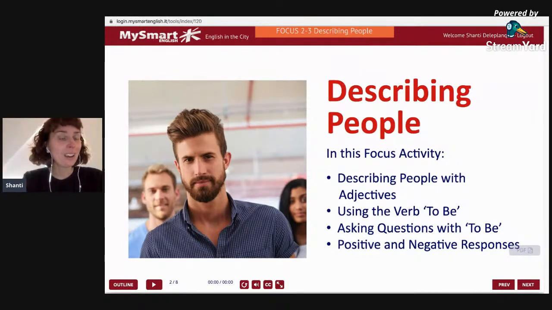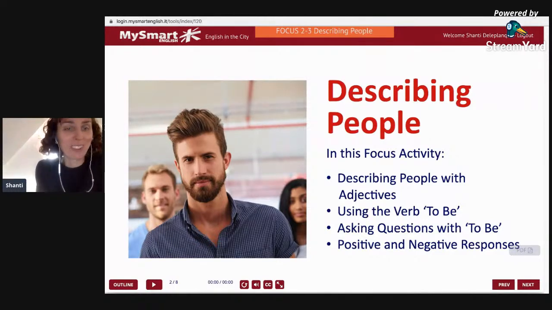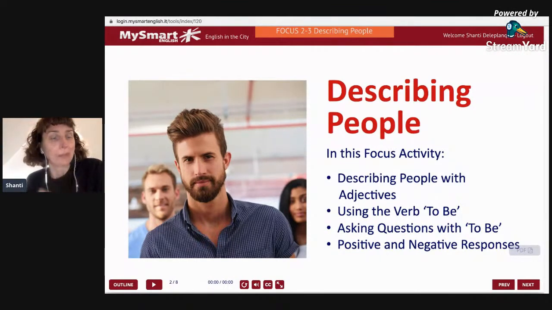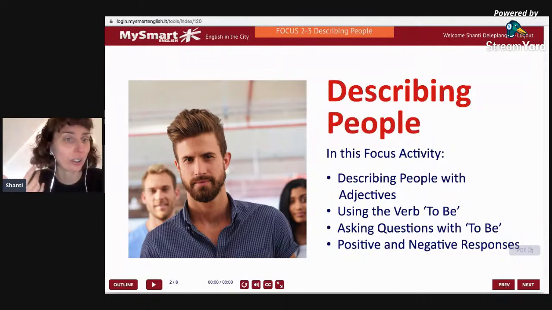The verb be, I think you know. It's not the first time that you use it. I am, you are, he or she is, we are, they are. Yeah, of course, you are, plural. So we can describe people using the verb be to talk about their appearance, how they look.